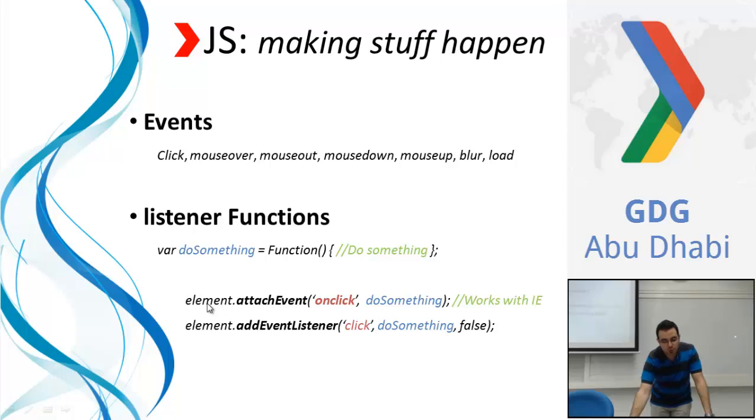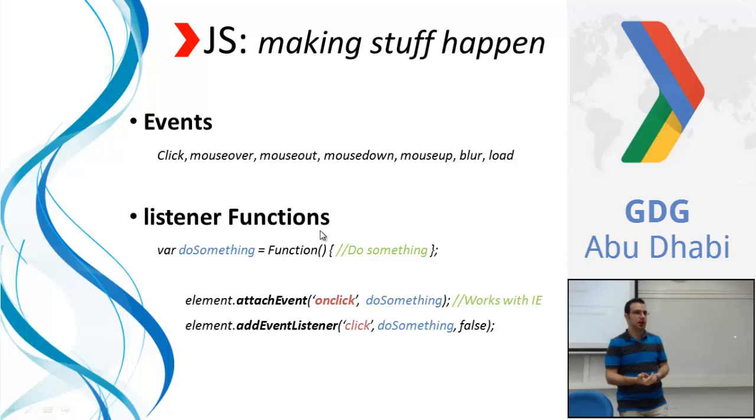And there are two ways, attachEvent or addEventListener. The attachEvent is for Internet Explorer only, while addEventListener is for everything else. Anyway, they have to be different. So simply give it the event that you want to listen to or to wait for.